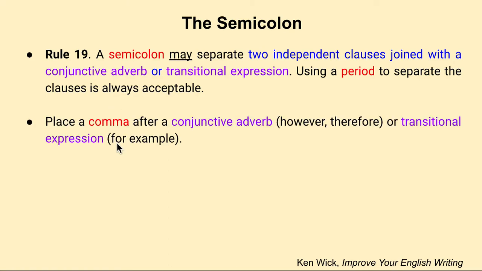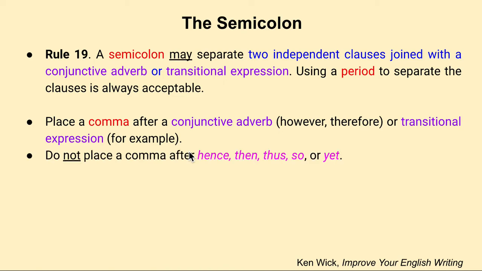Some comments: remember to place a comma after a conjunctive adverb like however or therefore, or a transitional expression like for example. But do not place a comma after the conjunctive adverbs hence, then, thus, so, or yet. For more information, see video 29, rule number 6.